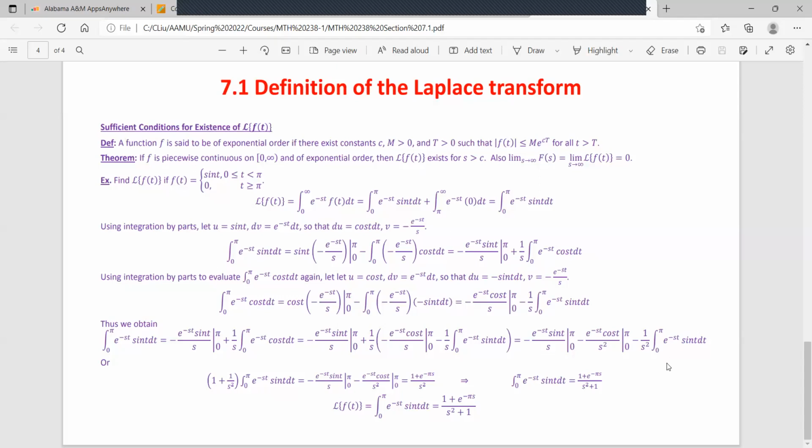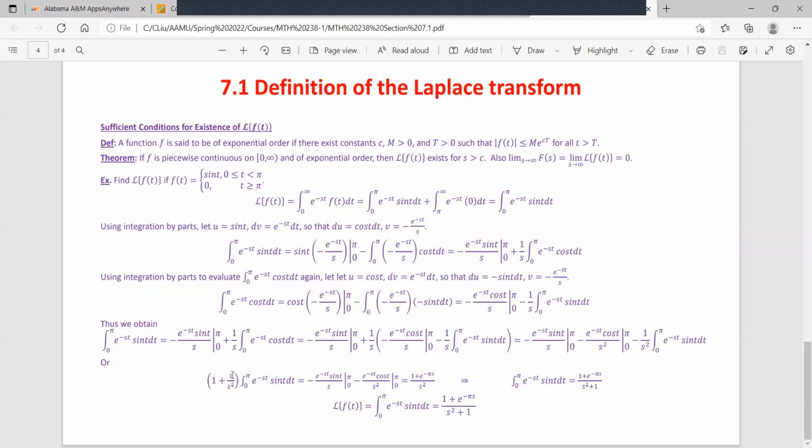So if we move this negative 1 over s squared times the integral of e to the negative st sine t from 0 to pi, you get 1 plus 1 over s squared times the integral of e to the negative st sine t from 0 to pi. Remember, you factor out the integral, and what is left is just 1 plus 1 over s squared.